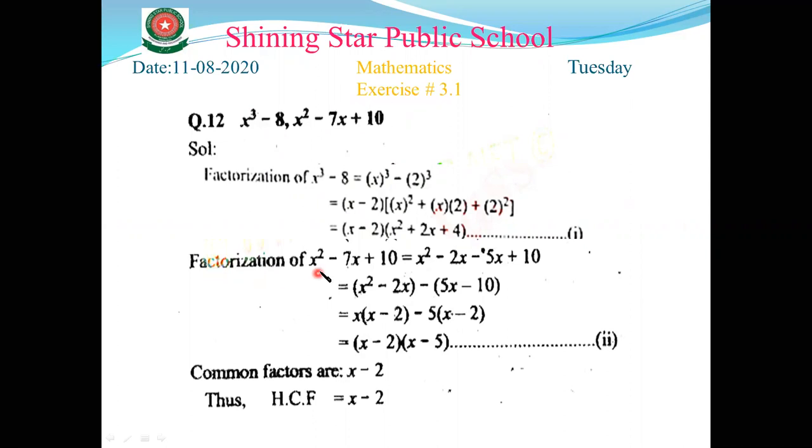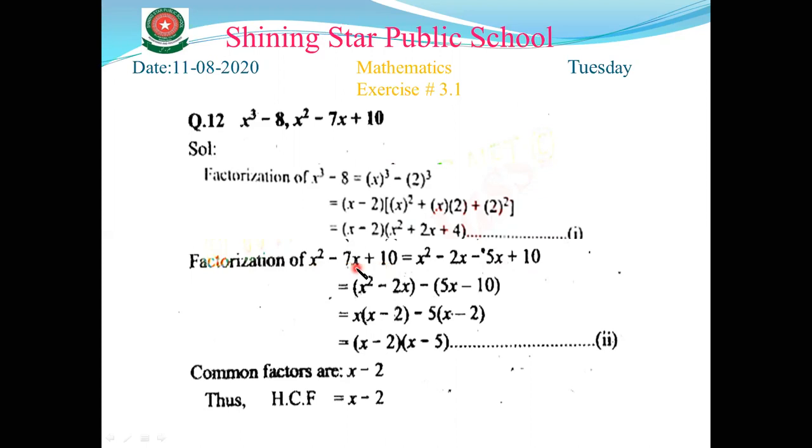Now factorization of x square minus 7x plus 10. Again, 1 multiply 10 is 10. It means now we have to find the two numbers. If we multiply them, we must get 10, and if we add them, we must get minus 7, which is the middle term of this expression.